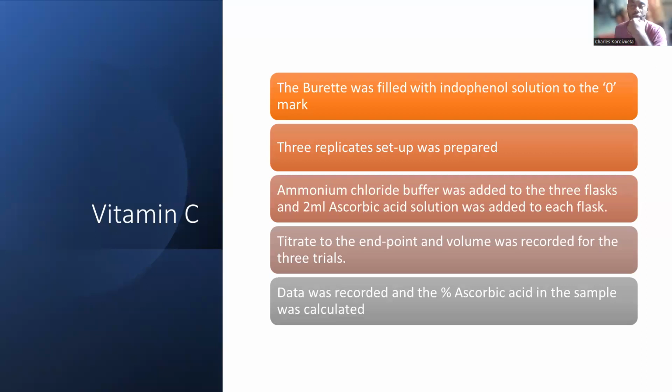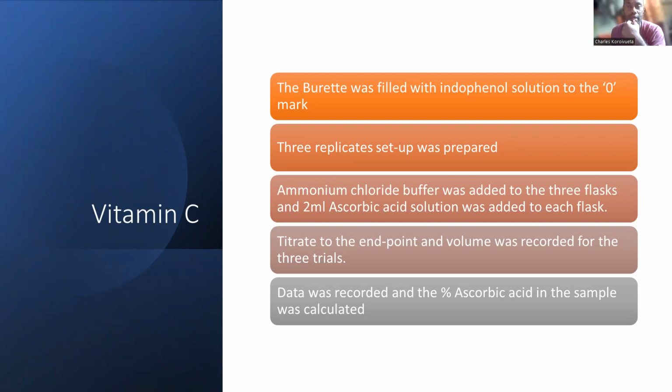Vitamin C. This is how the testing of vitamin C was done. Nitrate was tested using a UV spectrophotometer, while vitamin C was tested by the titration method. Here the burette was filled with indophenol solution to the 0 mark.